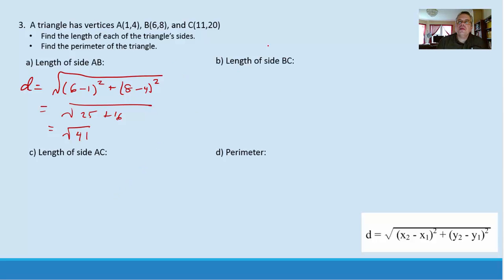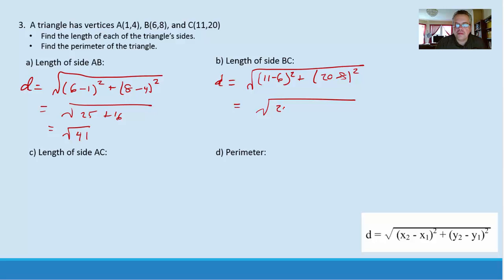All right, so how about the length of side BC? Okay, so we're doing the second two. Same thing, use the formula. d equals the square root of 11 minus 6 squared plus 20 minus 8 squared, and that's equal to the square root of, well, 11 minus 6 is 5, so squared is 25, and 20 minus 8 is 12, you square that, it's 144.